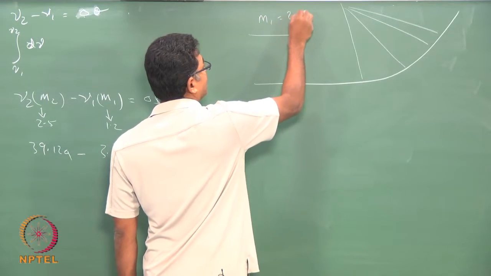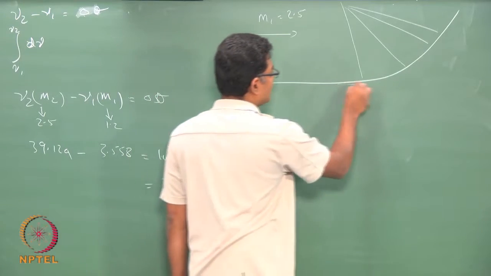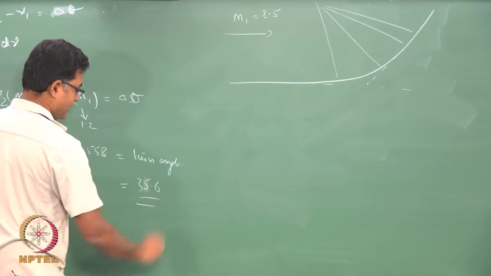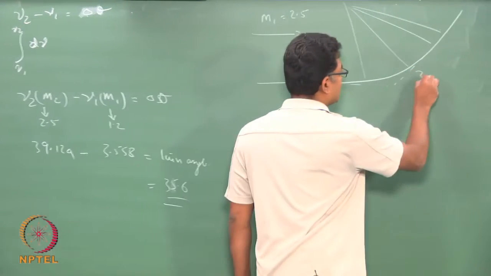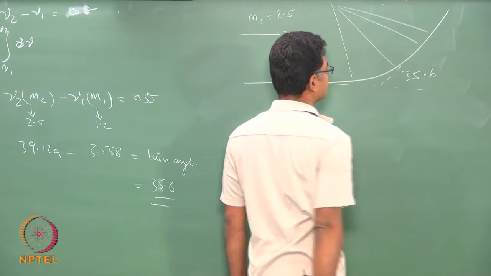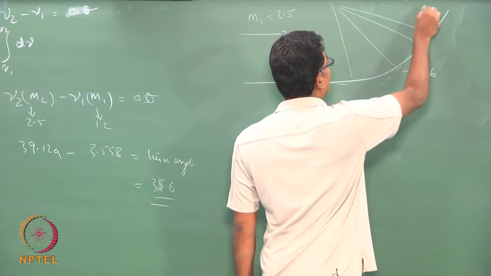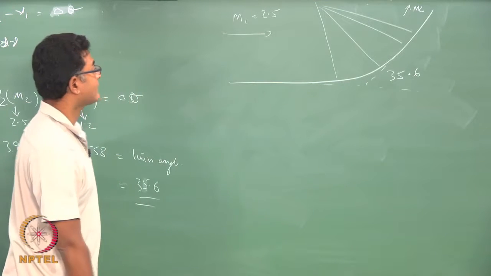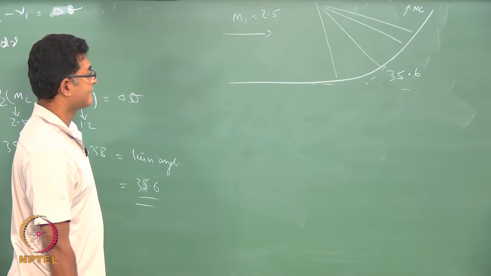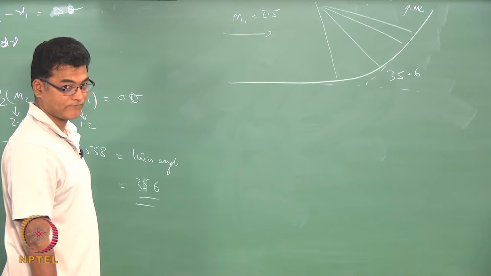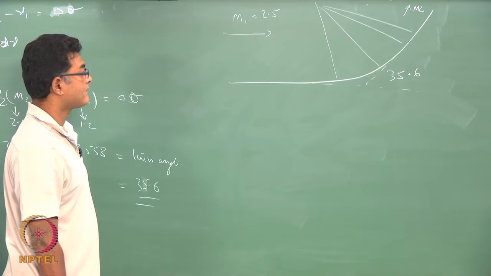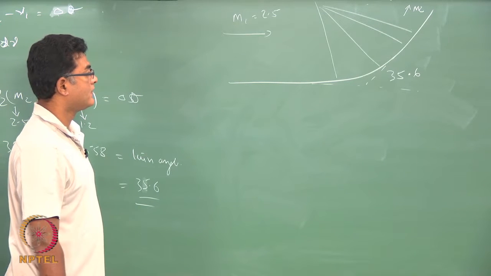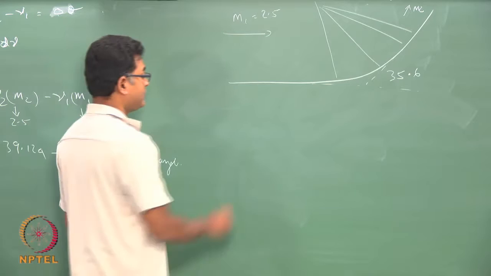M1 is 2.5, the turn angle is the same as what we obtained earlier, which is 35.6. What would be my M2?